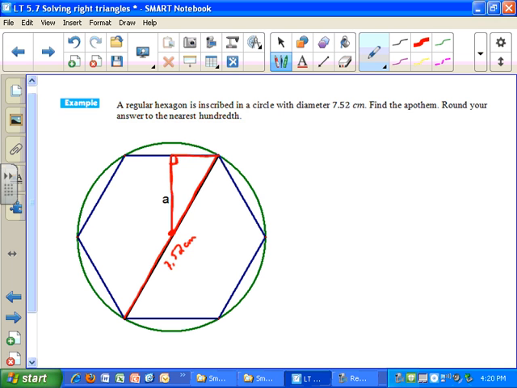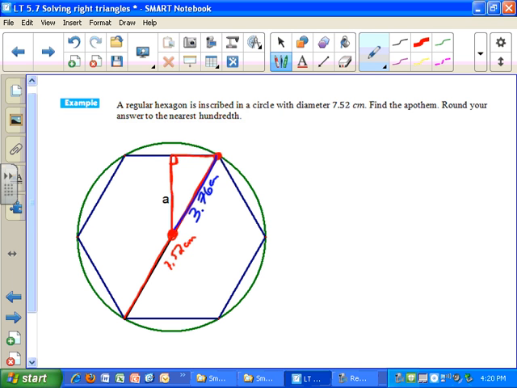And I know that this side right here is the radius of the circle. Because it goes from the center out to the edge, I can label that radius of the circle as half of 7.52, which is 3.76 centimeters. Okay, so now we have to figure out how we can use that to find the apothem.